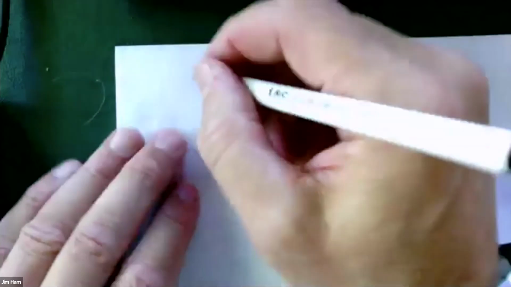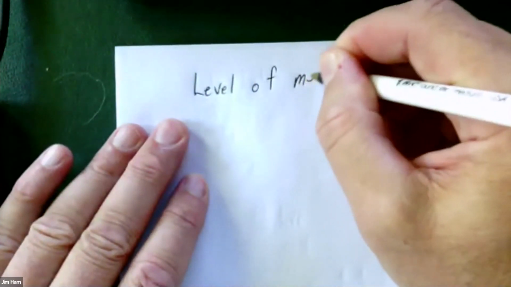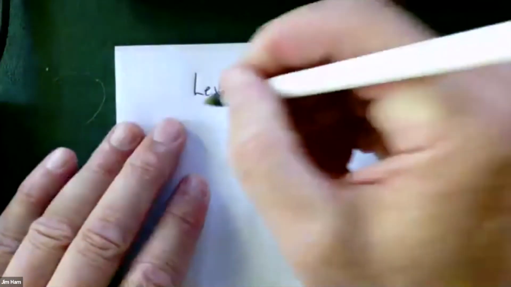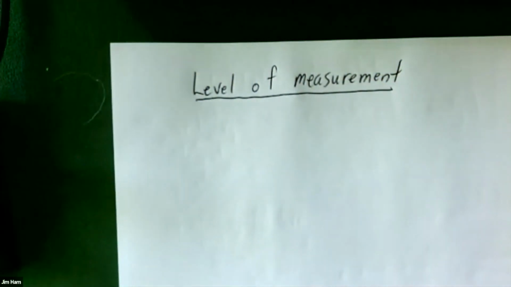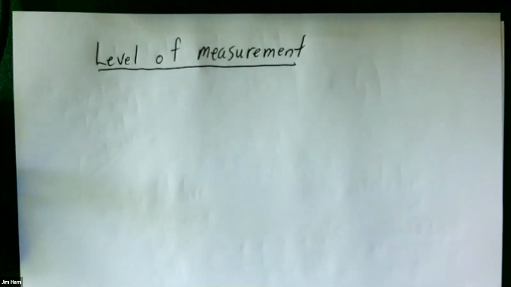Now let's look at the level of measurement. Another way that we can classify variables is by their level of measurement. You can think of level of measurement as being something like the degree to which the variable is numerical.